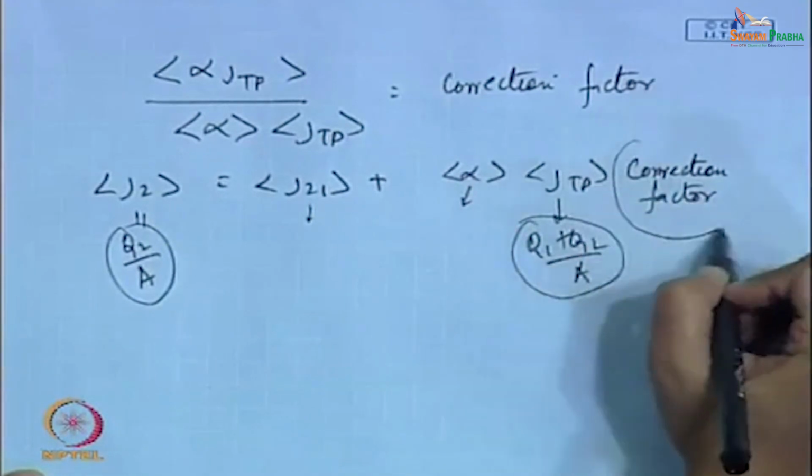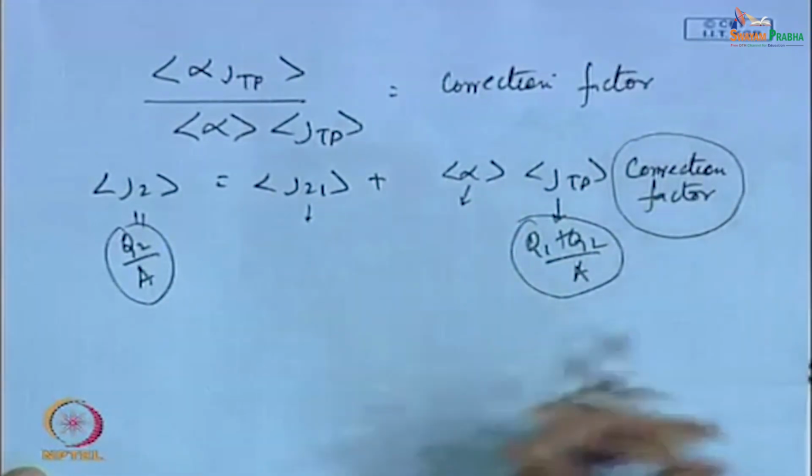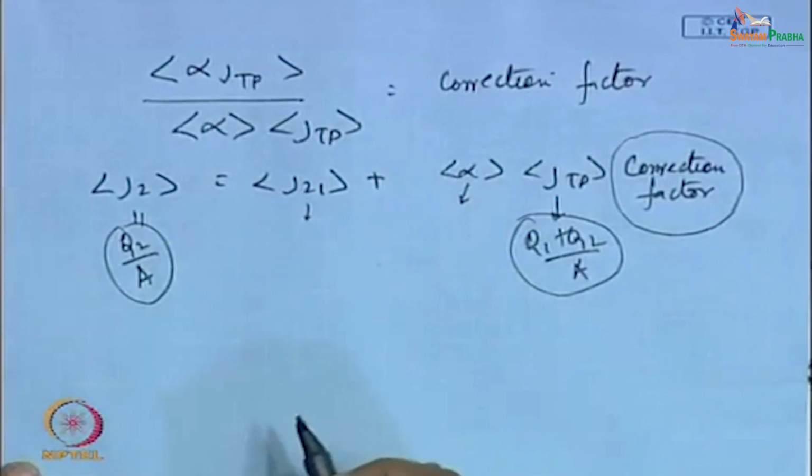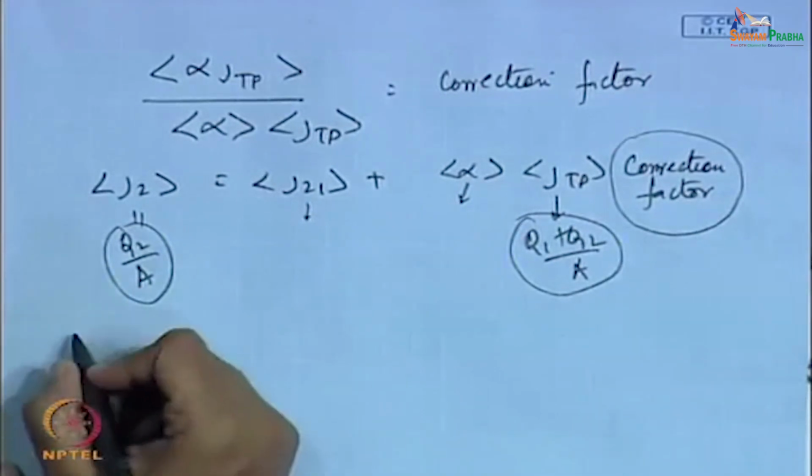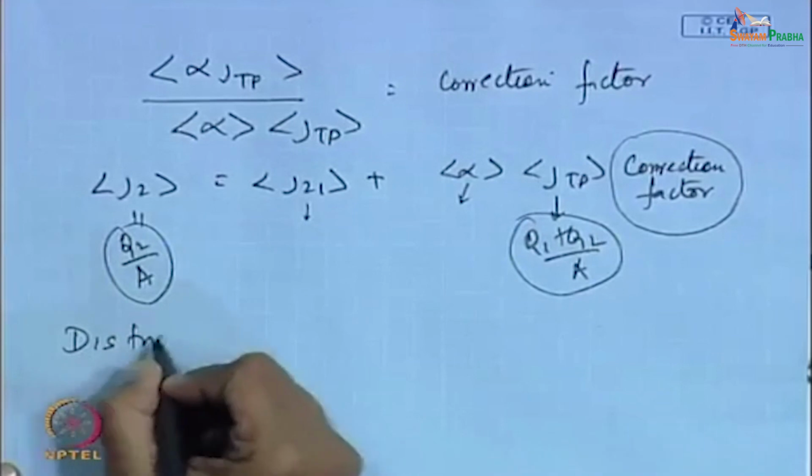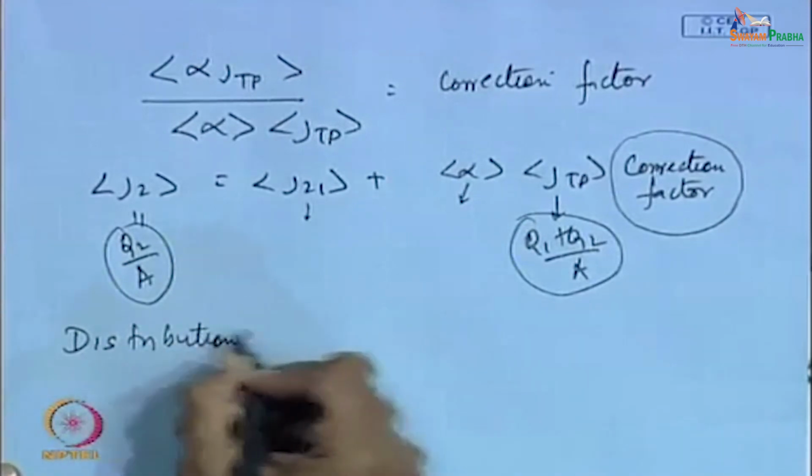Now, this correction factor was first proposed by Zuber and Findlay. This is usually known as a distribution parameter.